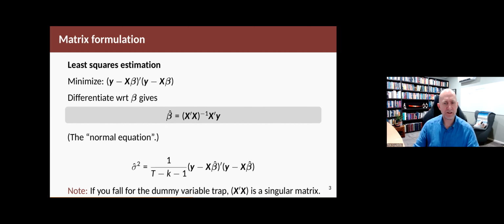It also gives us a way of seeing why the dummy variable trap is a problem, and in fact any multicollinearity is potentially a problem, because if you fall for the dummy variable trap, or if you have some exactly collinear predictors, then this X prime X matrix is singular, and so you can't invert it.